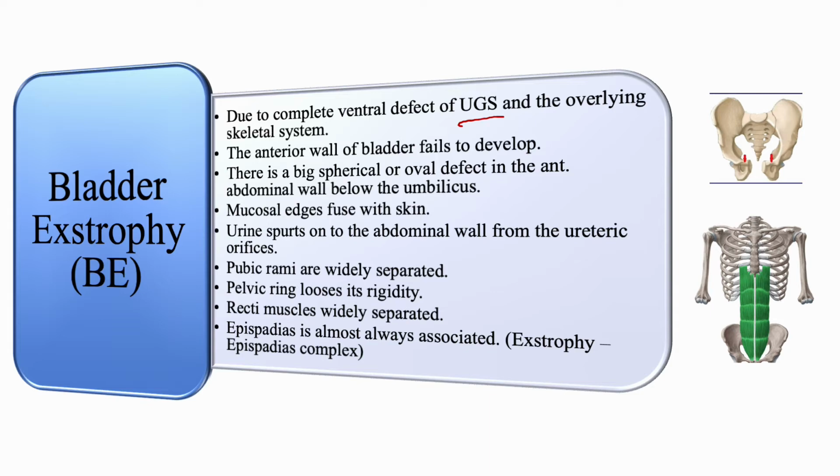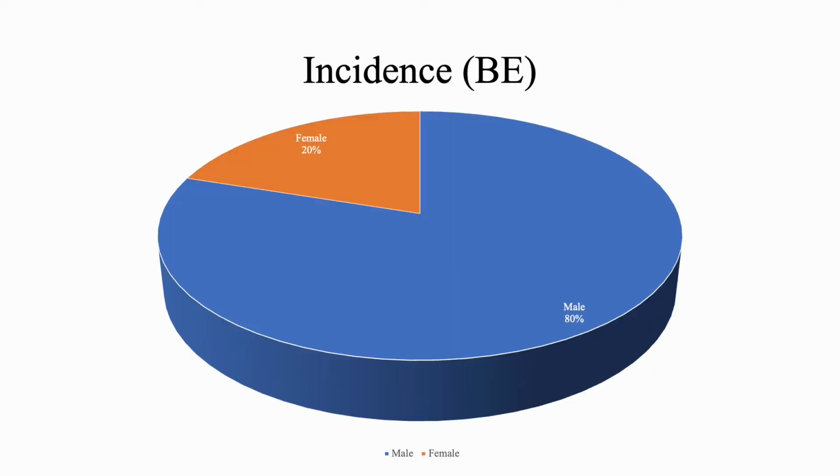The pubic rami, as shown in the picture, are widely separated, and the pelvic ring loses its rigidity. The rectus muscles are widely separated, and epispadias is almost always associated with bladder exstrophy, also called the exstrophy epispadias complex. These are some of the features of ectopia vesica.